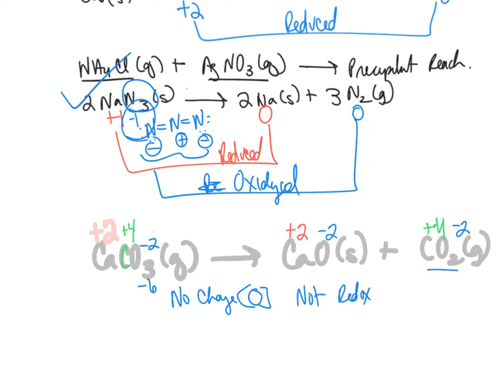It is interesting, though. In the activity series, there's a list of metals from top to bottom. The metals listed at the top of the activity series are called active metals, and they include the alkaline earth metals. These are so reactive that they're not even found as metals, and they will actually be oxidized.